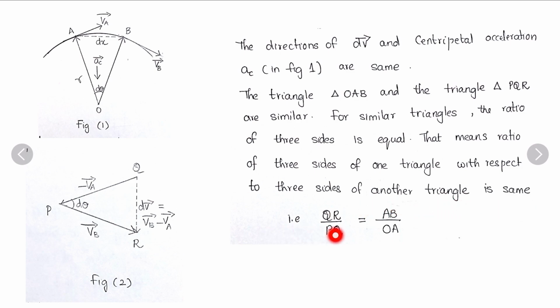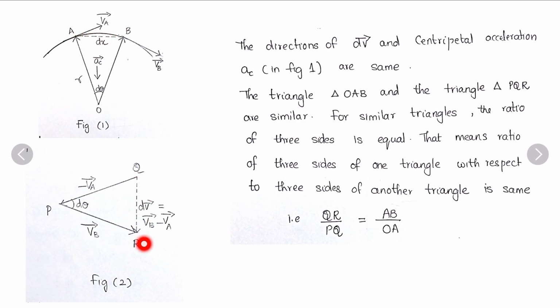That is QR by PQ is equal to AB by OA. Because here AB, OA and OB are the same in magnitude. Here also VA and VB are the same in magnitude but not in direction. In between them is dx, and in between them we have dV.